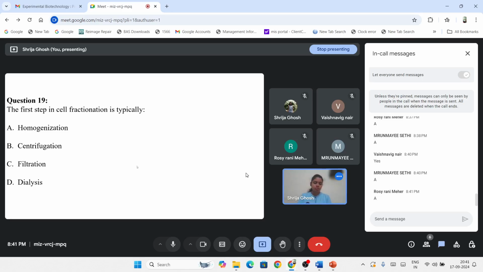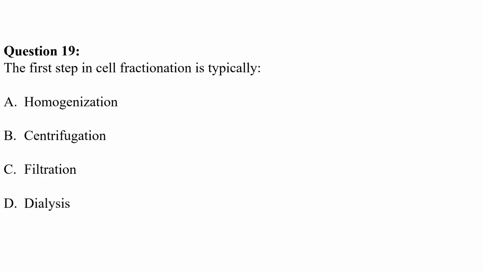Rosie has also answered option A. So all of you seem to agree with option A, homogenization. That is the correct answer. That is the first step we take while we are doing cell fractionation.